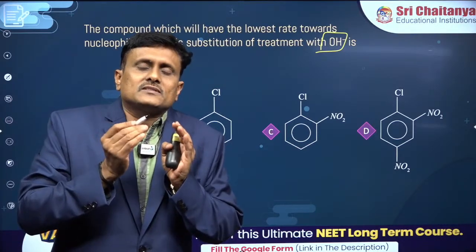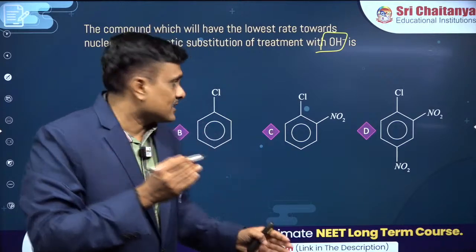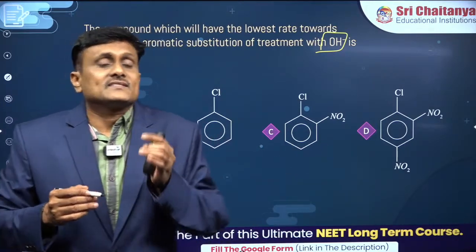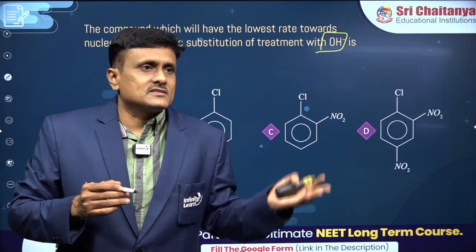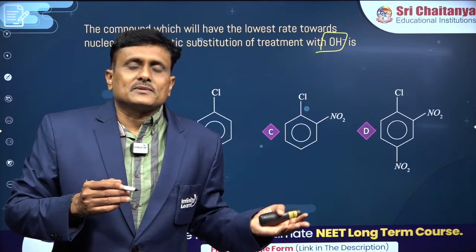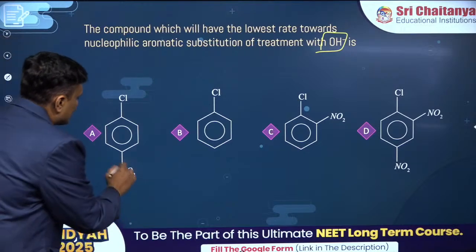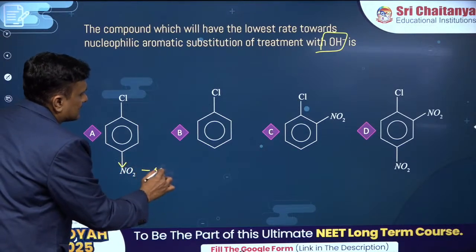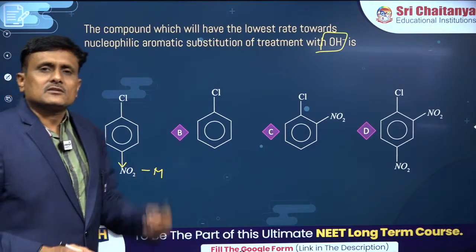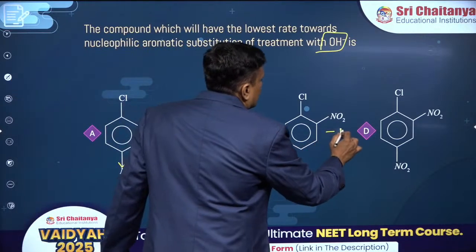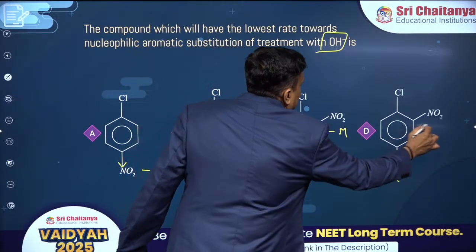So the compound that is under observation, the aryl halide part, should be having less electrons on it. Yes, Jignesh bhai, that's a brilliant answer, isn't it? You guys can see that if there are NO2 groups, they show a minus M effect, which will reduce the electron density on the benzene. More the NO2, more is the reactivity at ortho and para.